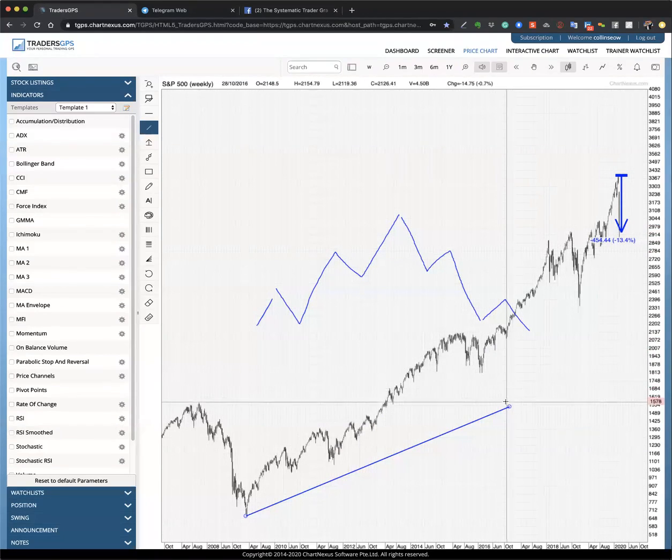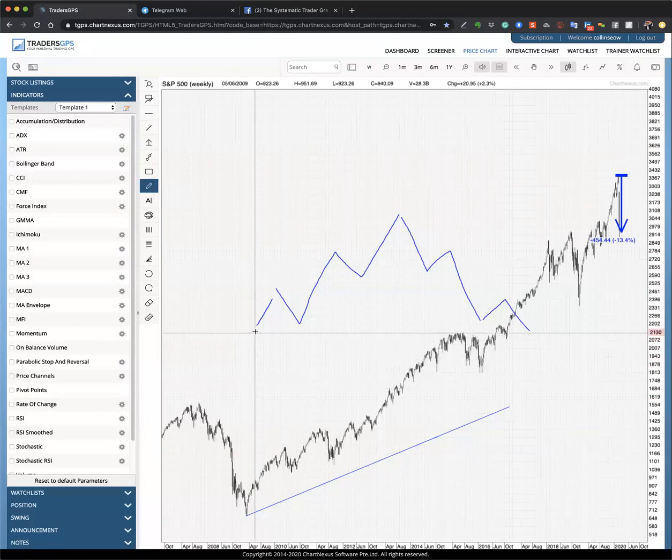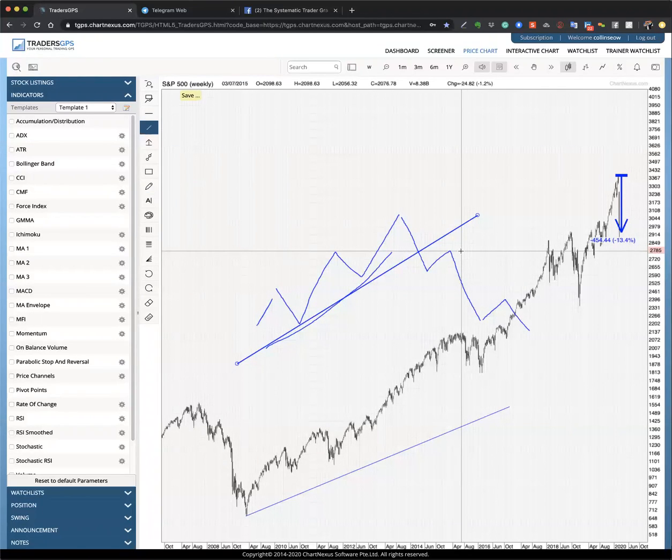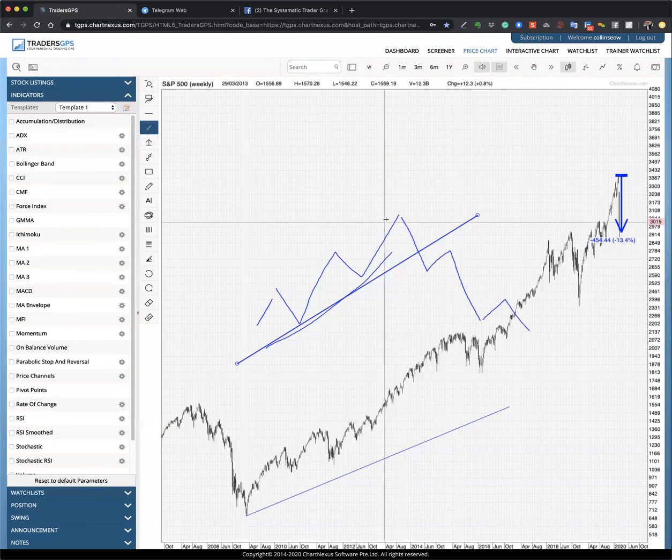Number one, to decide whether it's a trend change, as Li Ching mentioned correctly, there is usually a break of the trend line. There's a break of this trend line over here. That's the first sign. The second thing is you must always form a lower high and lower low.